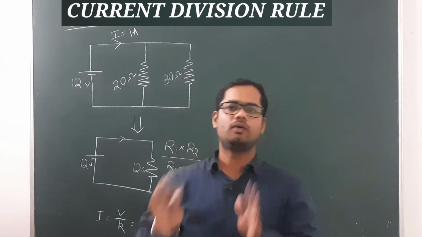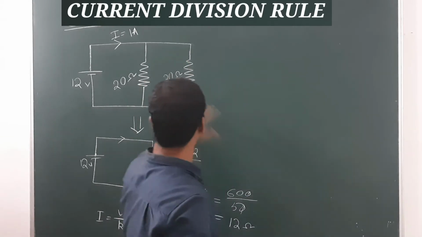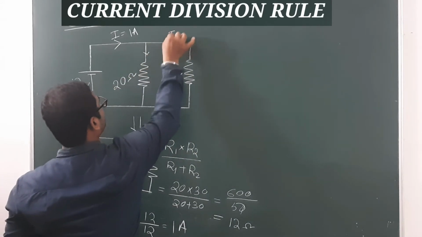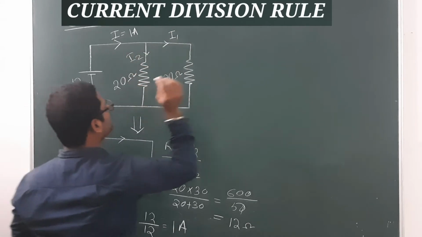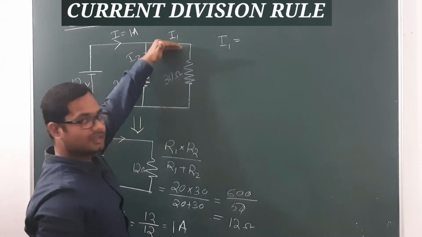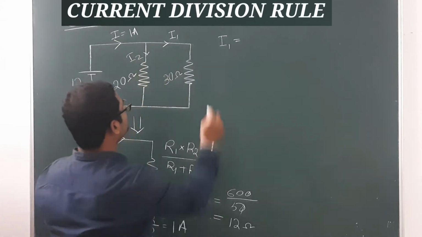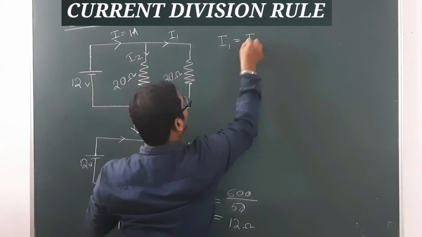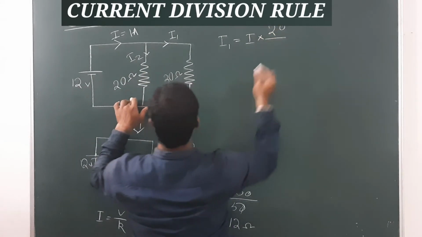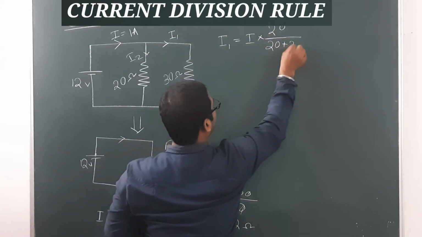Then apply the current division rule for R1 and R2. Suppose this one is R1 with current I1, and this is I2. I1 is the source current I times the opposite resistance, 30... wait, for this path it is 20, divided by the total resistance 20 plus 30.